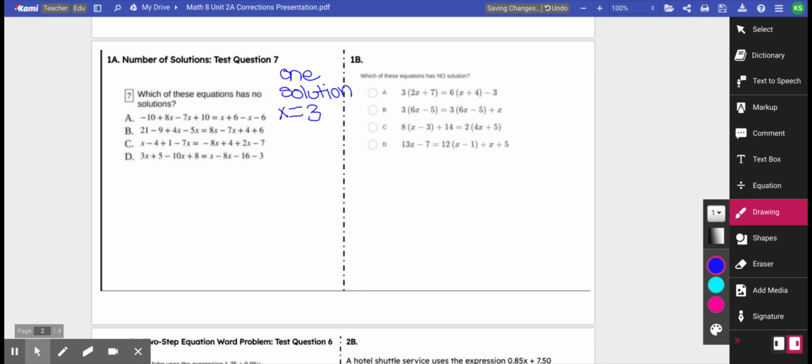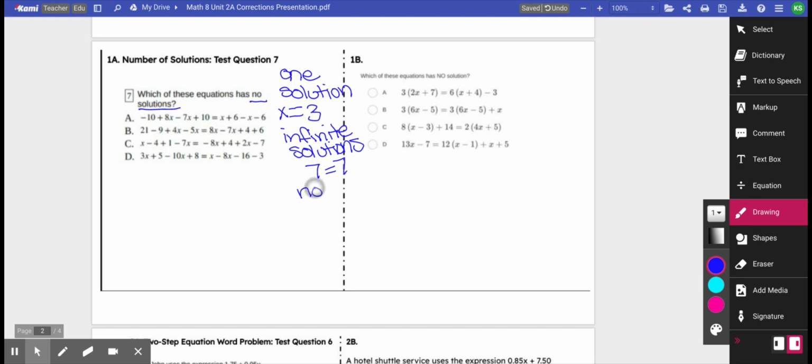Okay, we have infinite solutions, which would look like 7 equals 7. And then we have what we call, in this case, what we're looking for here, no solution.